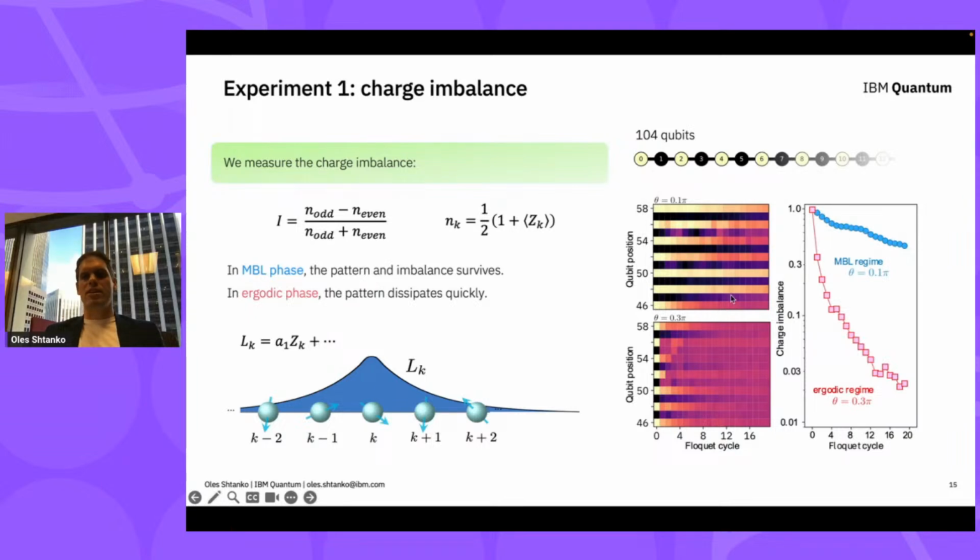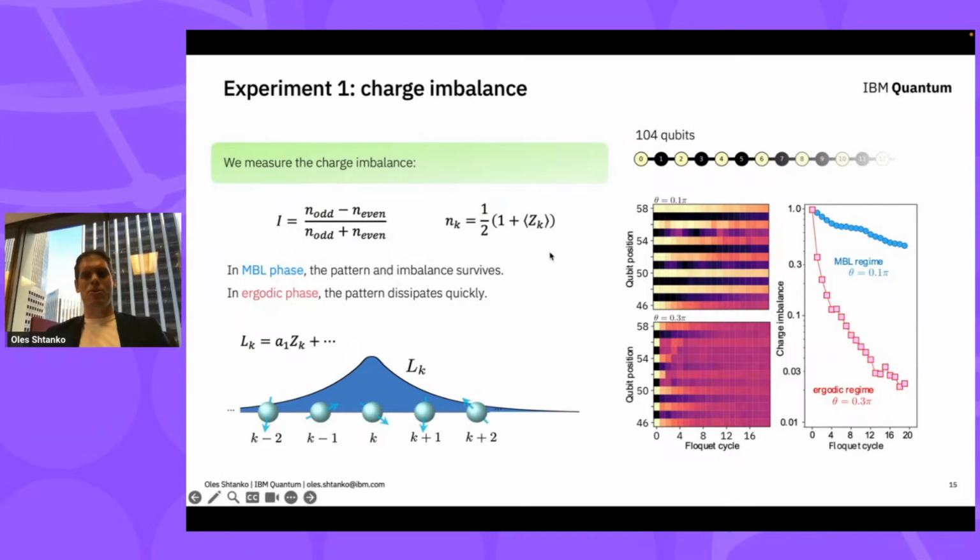It decays slowly, partially because of noise, partially because there is internal dynamics. But if you take long times, which we probably don't have access to here, it should plateau in the ideal scenario. This means that your memory, in the absence of noise, should persist forever. While for 0.3 pi, your order should disappear almost immediately. Take note that it's a logarithmic scale, so it's a very, very fast decay.